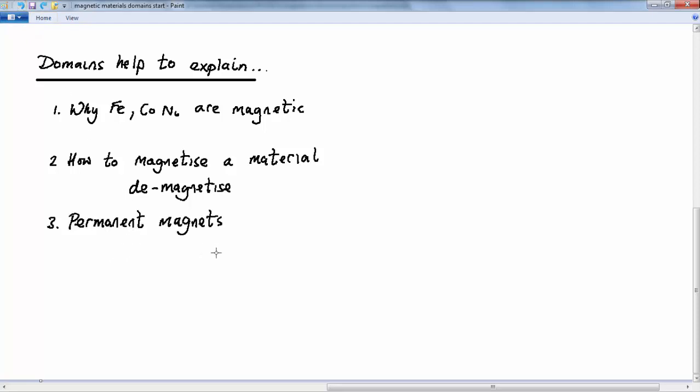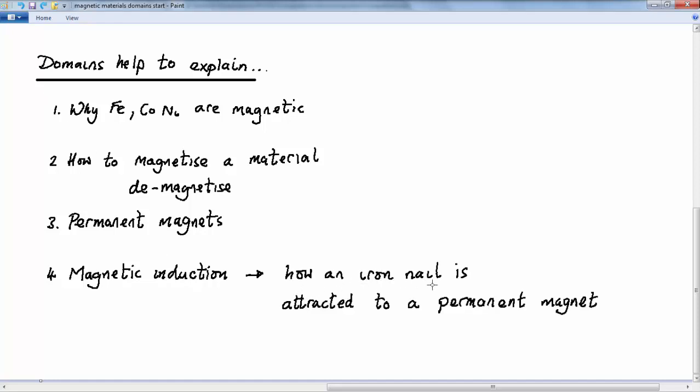The question of how, for example, commercial permanent magnets are made, we'll look at that, and what we mean by magnetic induction. That's to say how an iron nail, which is a magnetic material but not necessarily a magnet, is attracted to a permanent magnet.